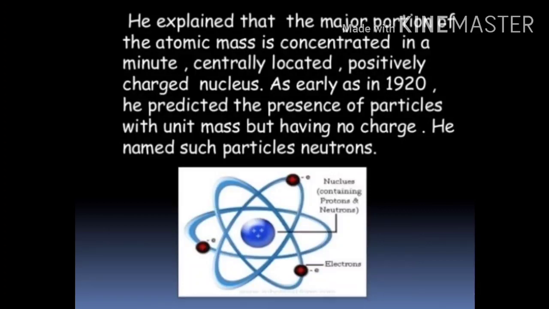From this experiment, Rutherford concluded that the atom is divided into two parts: the central part, known as the nucleus, in which all the positive charge as well as the entire mass of the atom is present, and outside the nucleus, the part known as the extranuclear part, in which electrons, the negative charge, are present. These negatively charged particles are not stationary; they are revolving around the nucleus, just like planets revolve around the sun.